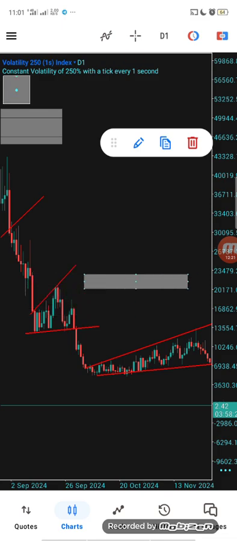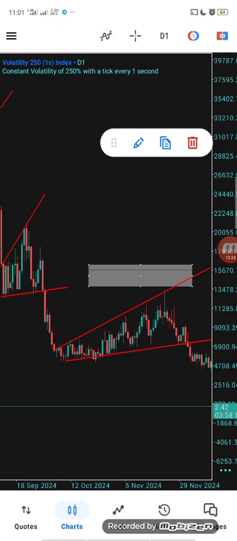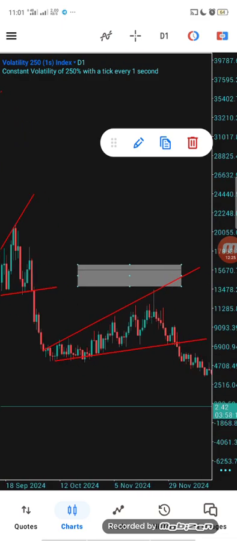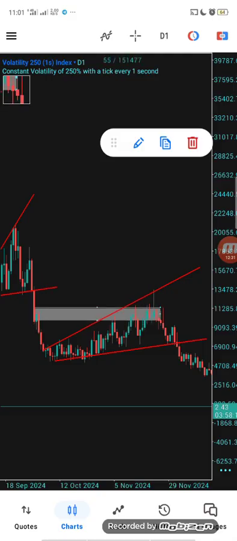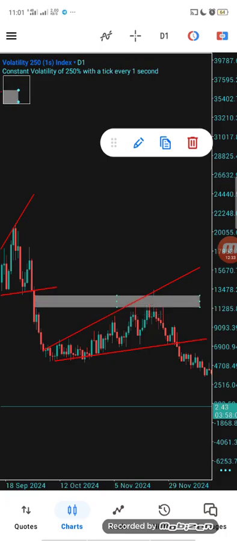Down here, you look for an area of confluence to the left. It was here. Then wait for nature to take its course.